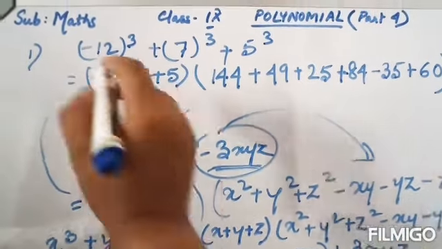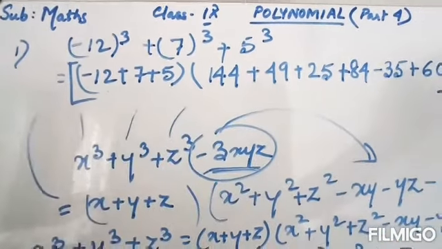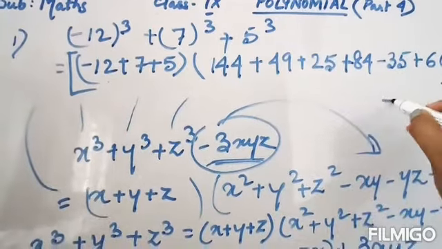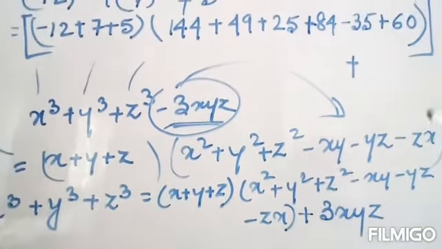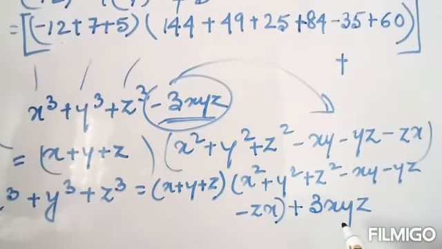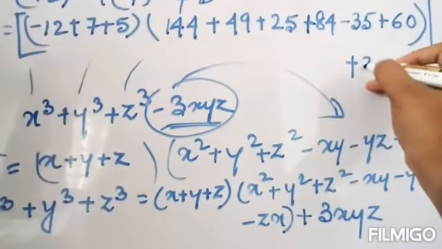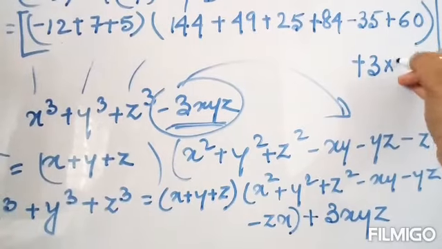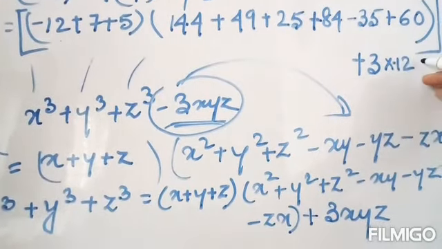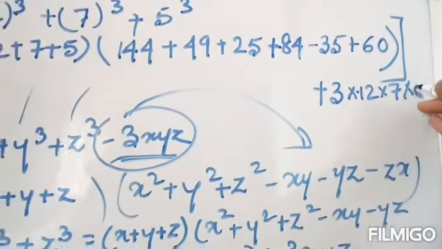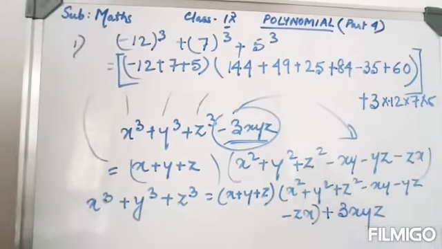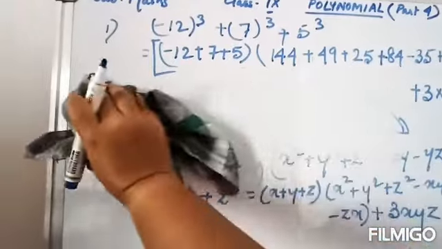Understood? And this one, plus we have what? 3xyz. 3 into minus 12 into 7 into 5. And we'll evaluate this.